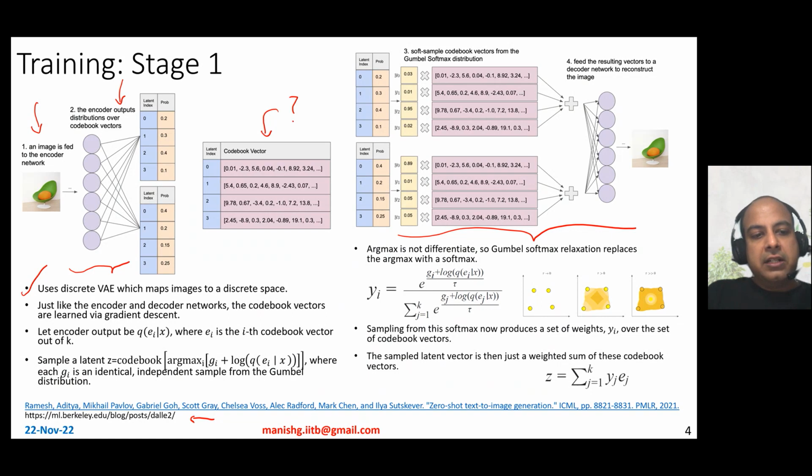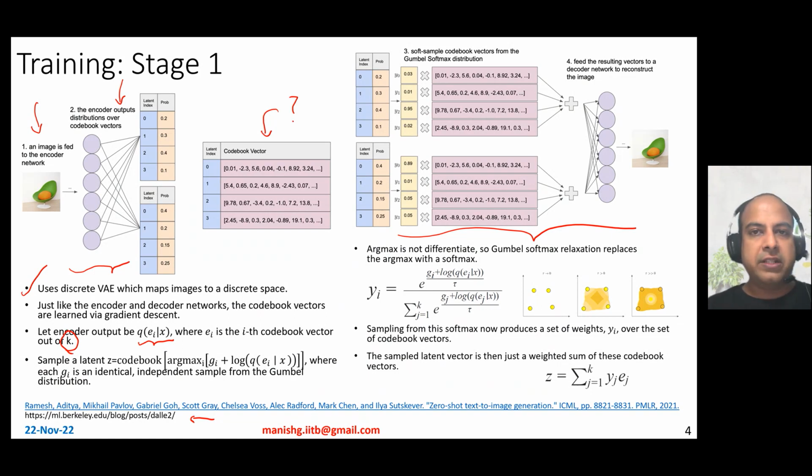Now, let's call those encoder outputs Q. So at a particular position, let Q of e_i given X be the softmax probability for the ith codebook vector out of K. If there are K codebook vectors, then Q of e_i given X is the probability for the ith codebook vector.